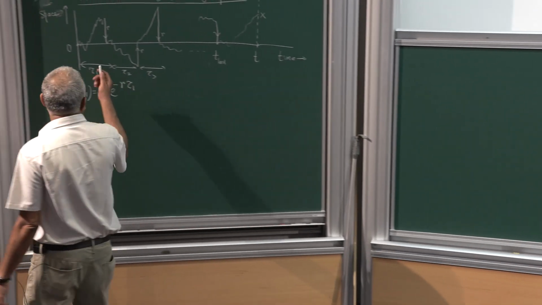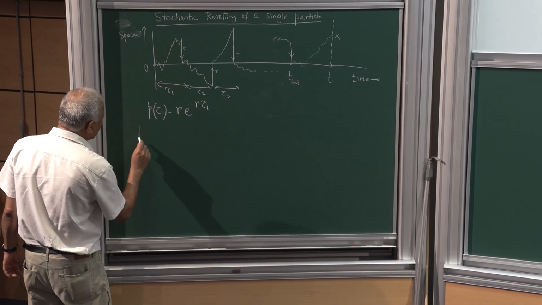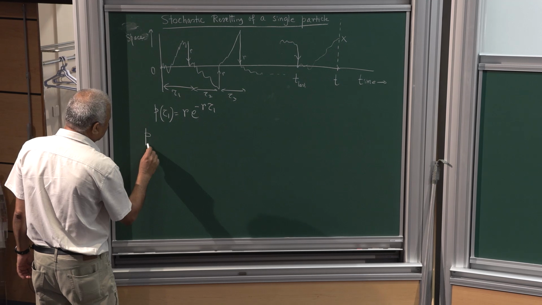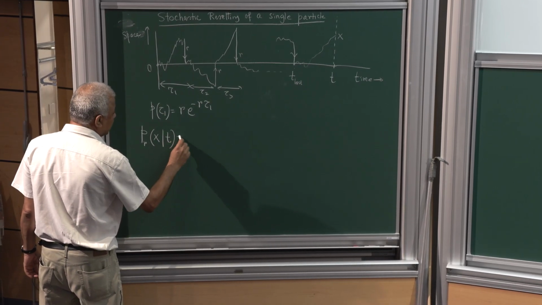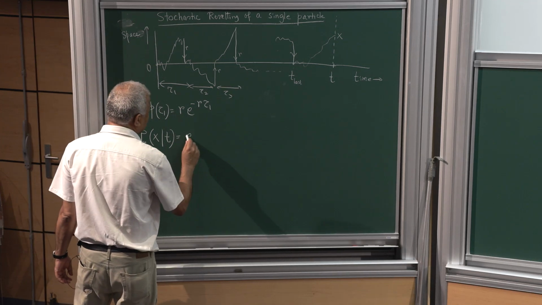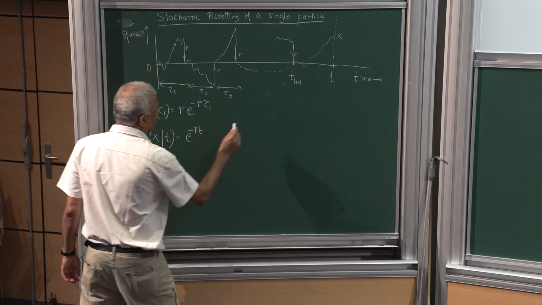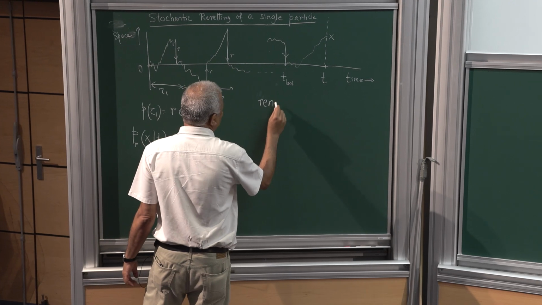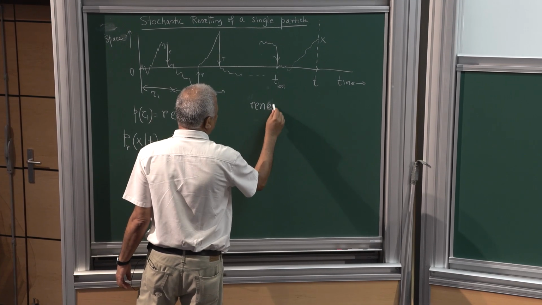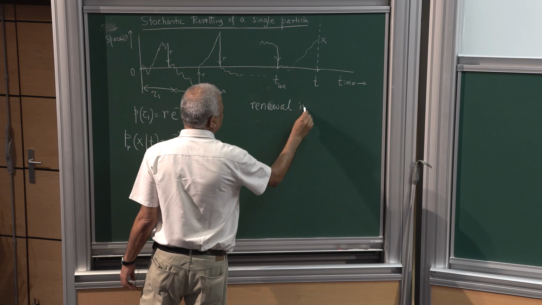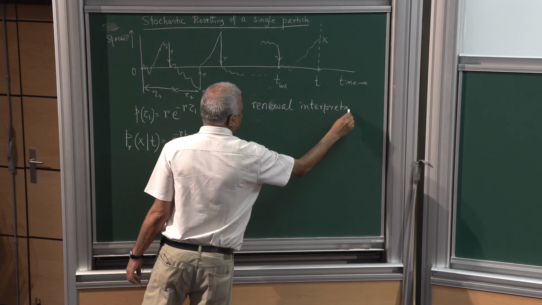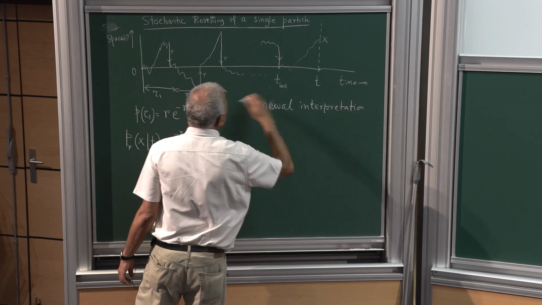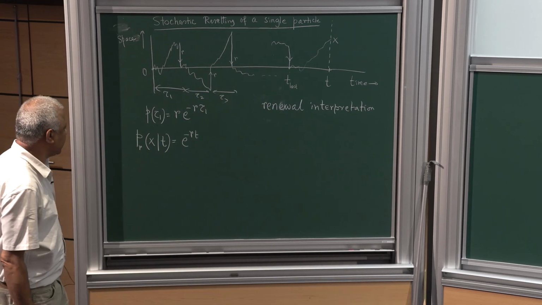In fact, for this example, we could compute very simply the full probability distribution of the single particle at any time t. The answer came from the renewal structure, which is very important, because the process renews itself after every resetting.